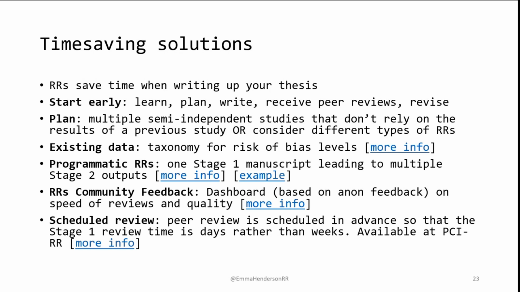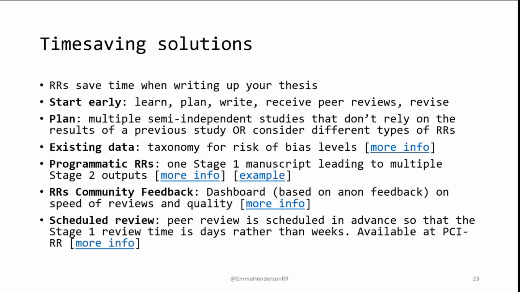I've also linked to this community feedback on registered reports, a dashboard where those that have written registered reports have fed in and said what their experiences of the quality of reviews and the speed of the reviews were. Obviously, I gave a bad review for that third journal.